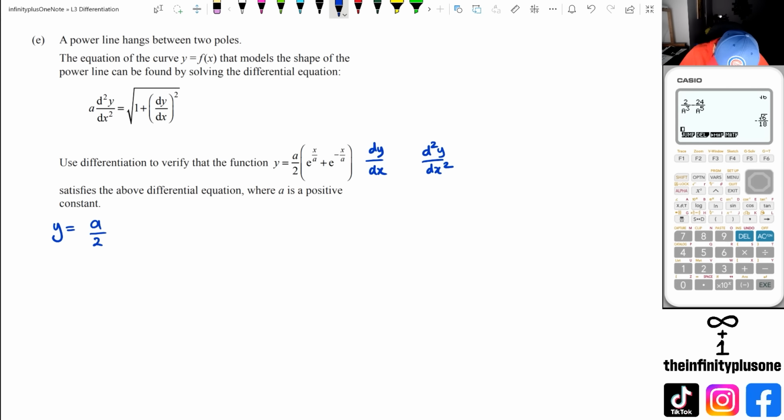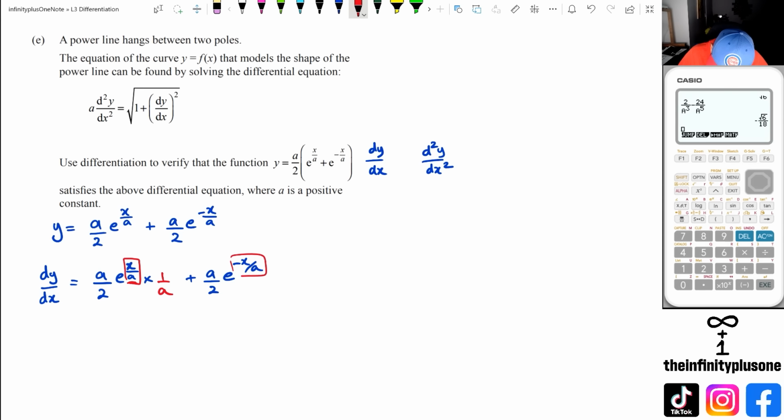y is equal to a over 2 e to the power of x over a plus a over 2 e to the power of negative x over a. So if we were to do dy dx, dy dx is a over 2 e to the power of x over a multiplied by the differentiation of the power, which is 1 over a, plus a over 2 e to the power of negative x over a multiplied by the differentiation of the power, which is negative 1 over a.